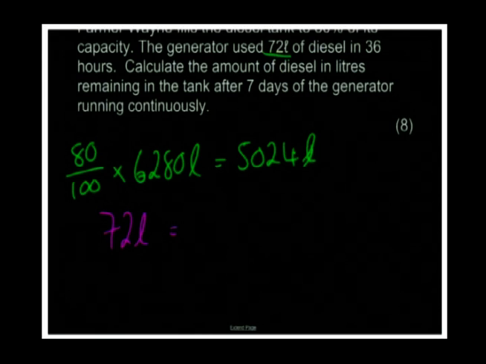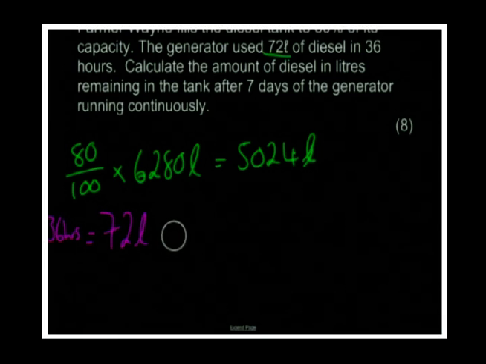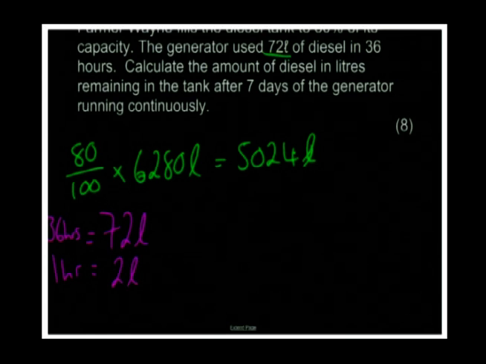So what does he use in 1 hour? Well, if we take the 72 liters and divide it by 36, we will see that in 1 hour, that generator uses 2 liters of diesel.